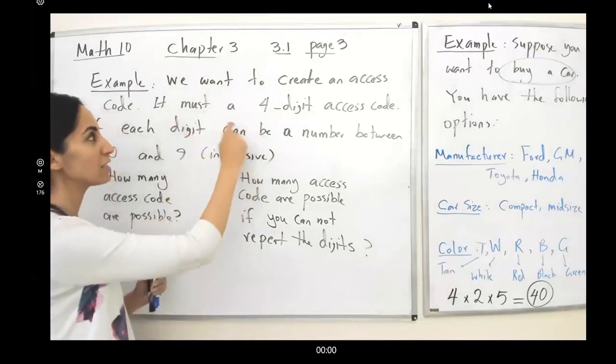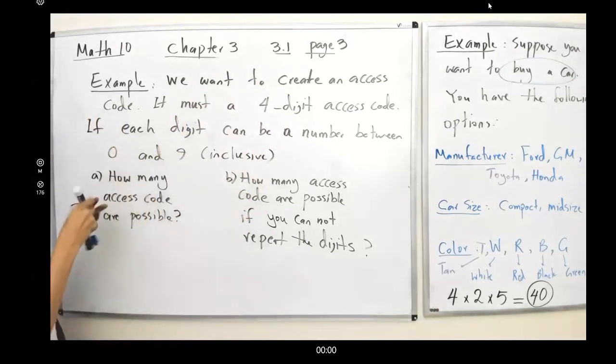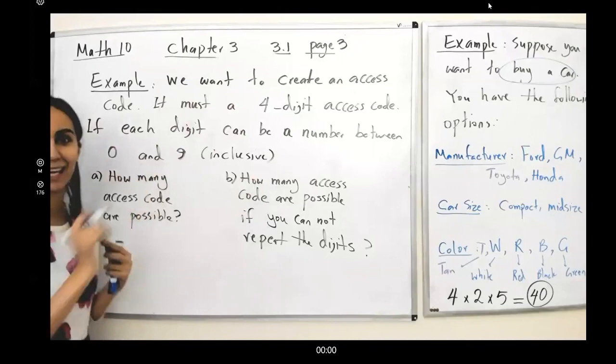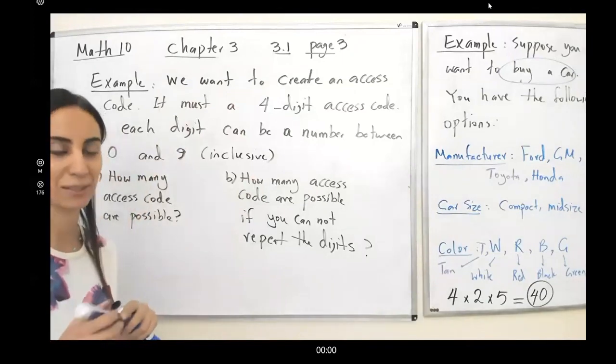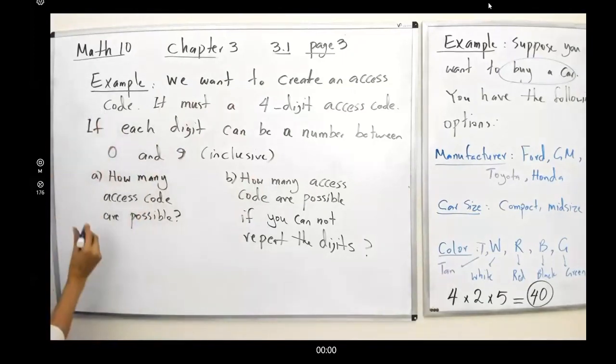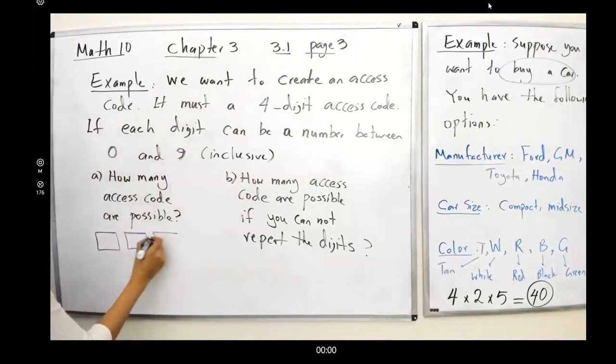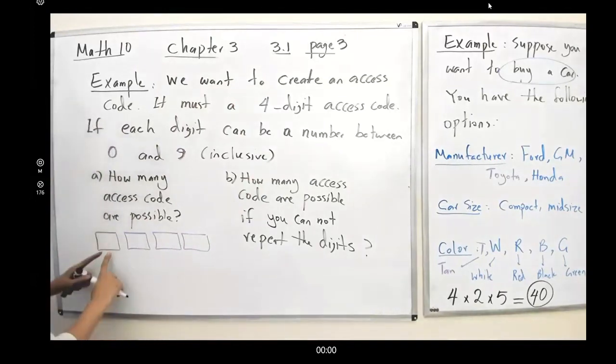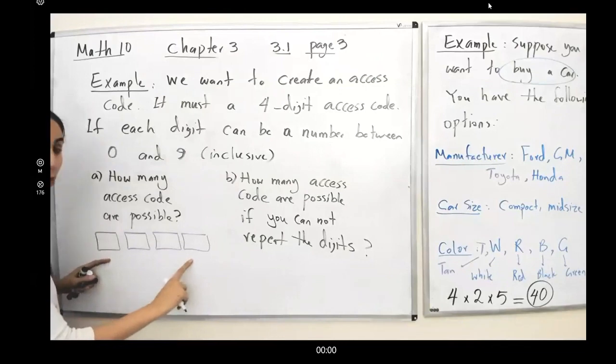Guys, 0 is included. You have 10 options. So here you have a task with 4 subtasks.